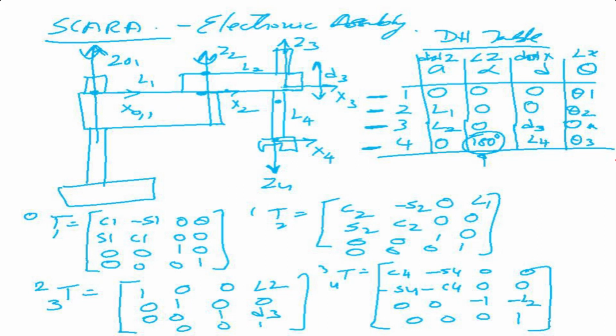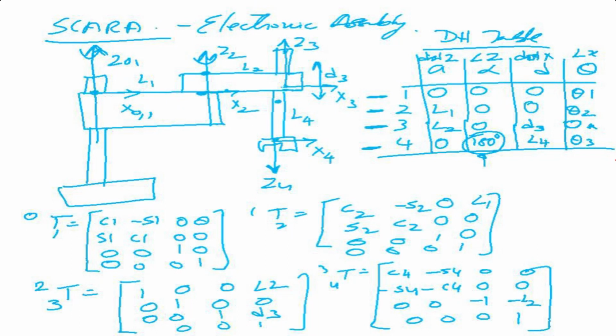So there will be a distance between z3 and z2. So what we are getting is a variable here, d3. When this goes up and down, the origin of the third frame is sitting on this link, so it is going to go up or down with this link, which means there is going to be a distance between x2 and x3. That is my d3, which is the variable.